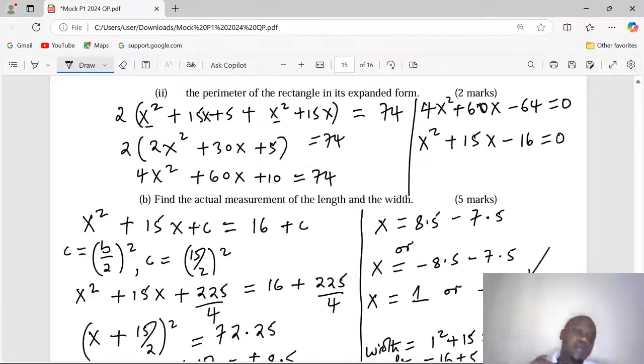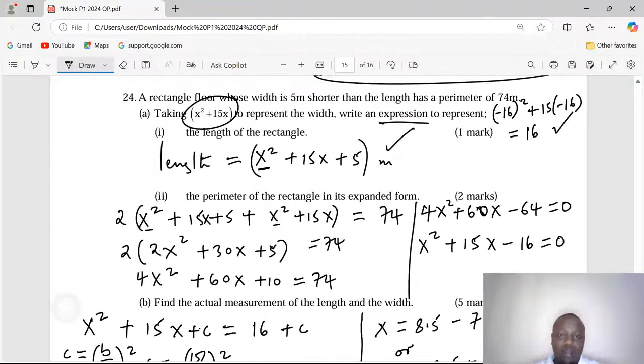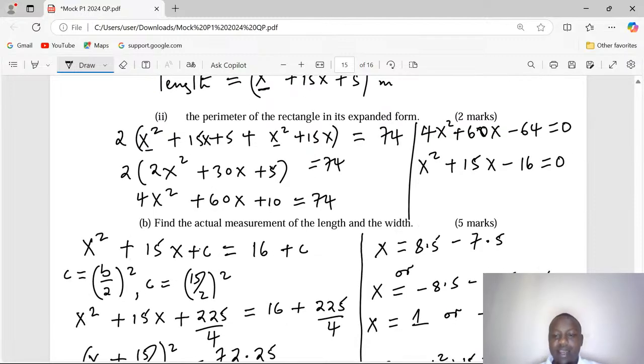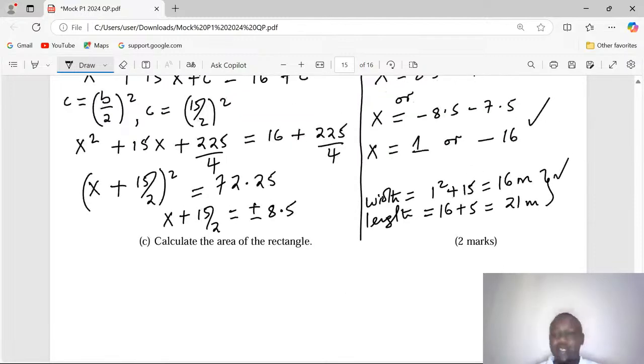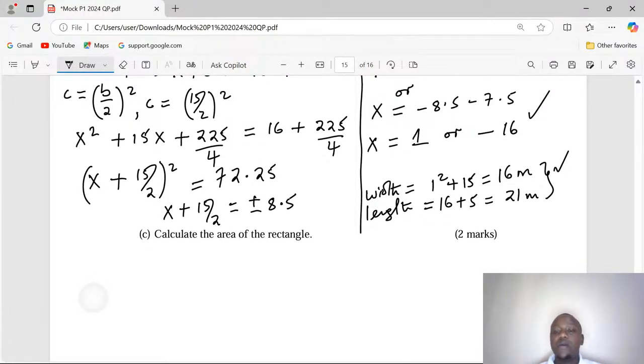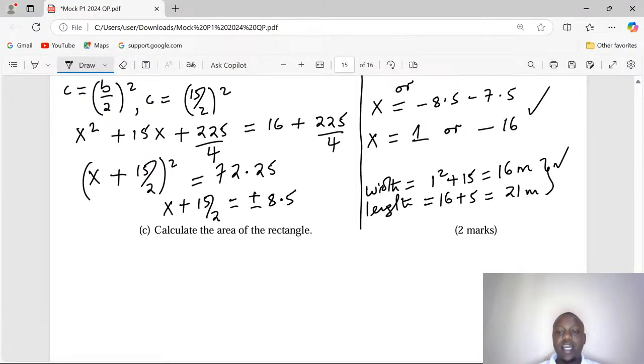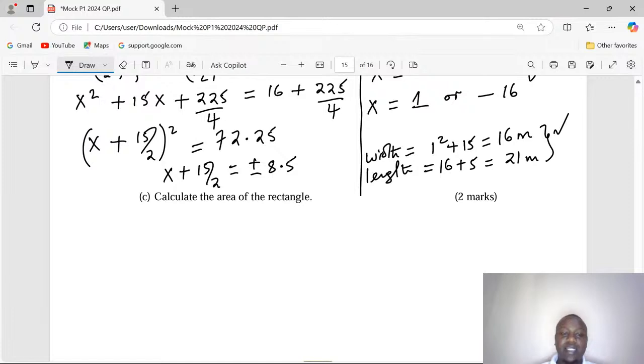If one substitution had led to a negative length, then we would have eliminated it. But for this case, with substitution, we get 16 and 21 in both cases.